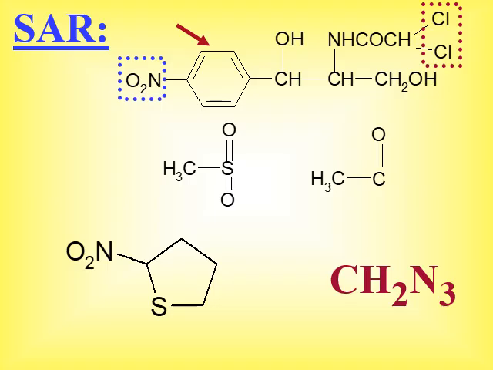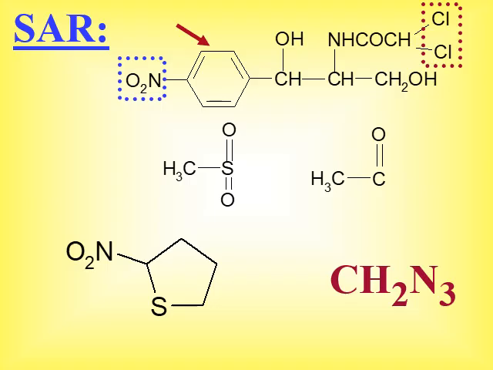These are active compounds. So the nitro group must be in the para position, and if we replace it by another group, it will lose the activity, except the acetyl group and a methyl sulfonyl group, which are still active.